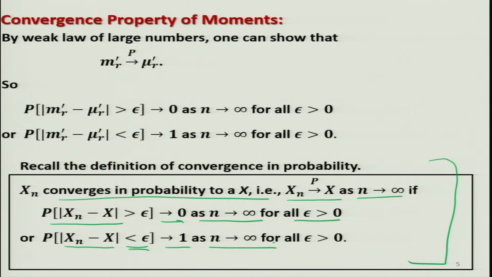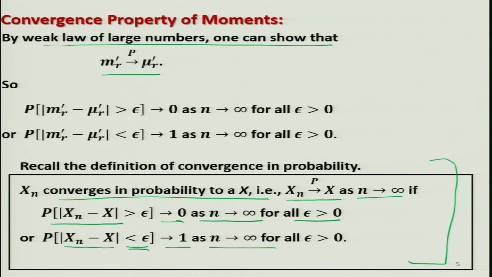Right. So, now based on that I can inform you that using the weak law of large numbers we can show that m r prime converges to mu r prime in probability.